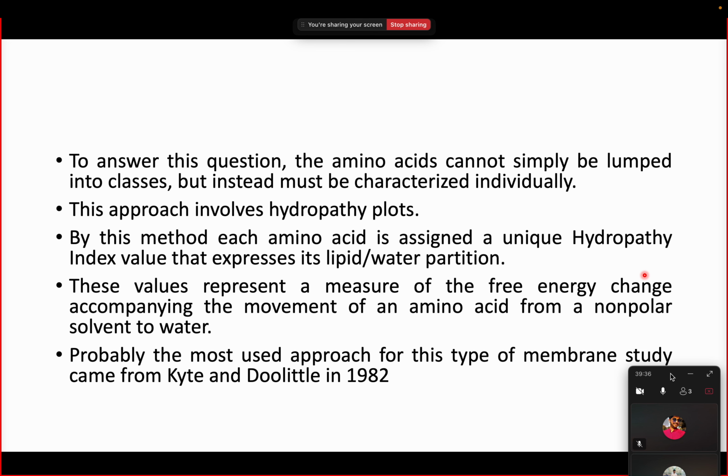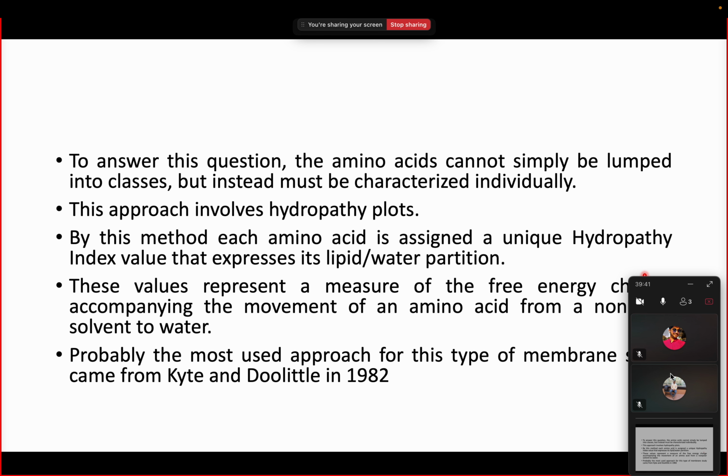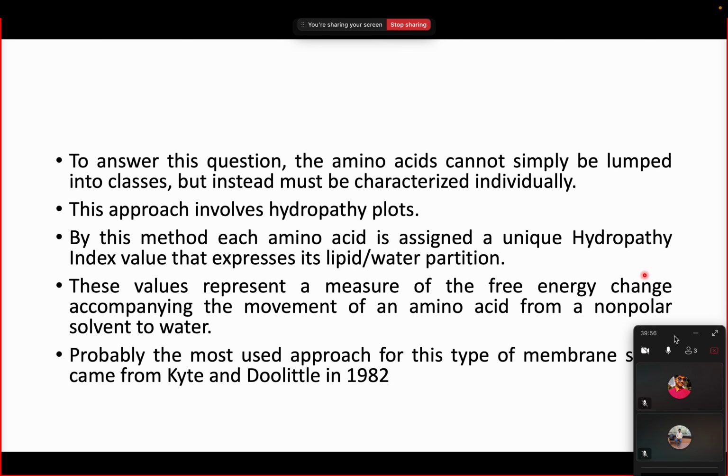The other way is to look at each amino acid and the energy associated with that amino acid, whether they prefer to stay in water or in non-polar media. By this method, each amino acid is assigned a unique hydropathy index value that expresses its lipid-water partition, indicating how much energy is associated with bringing an amino acid residue from a hydrophilic environment to the hydrophobic environment.